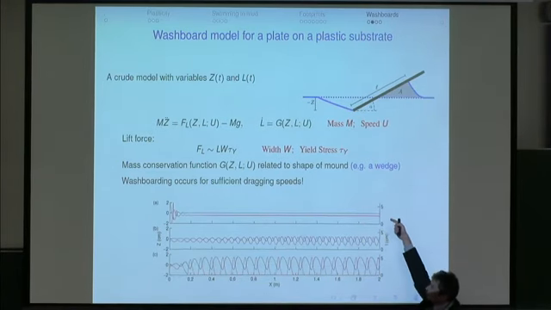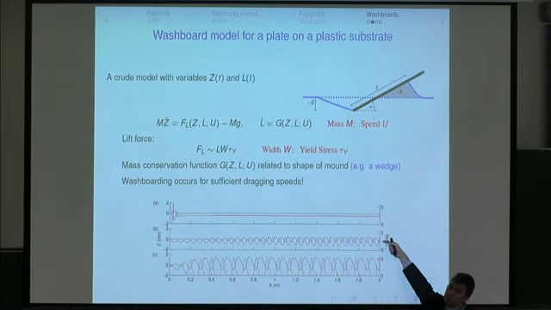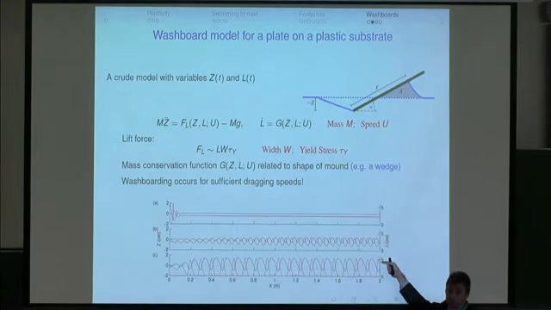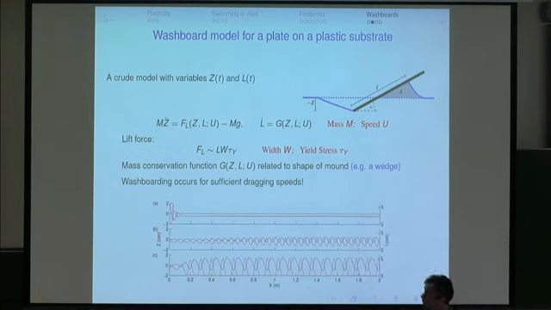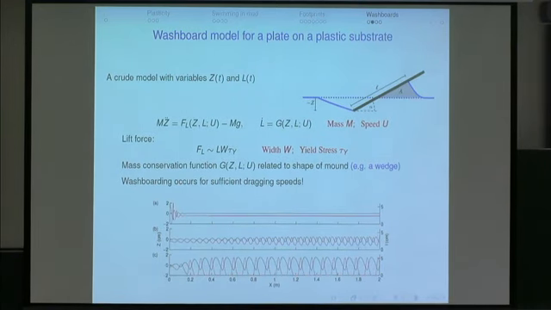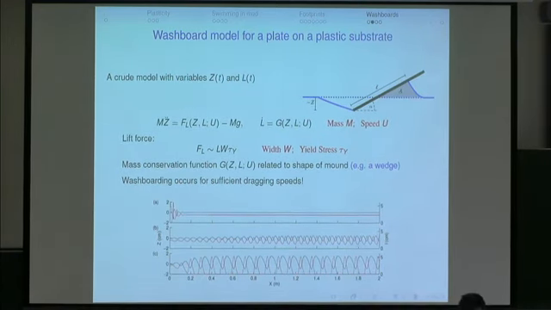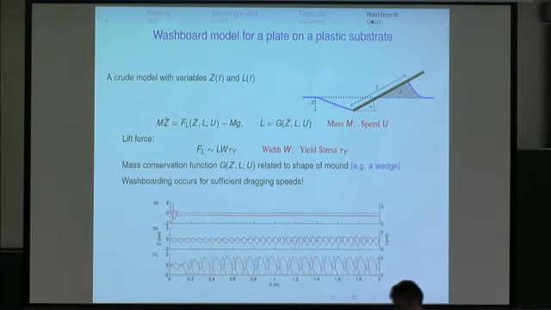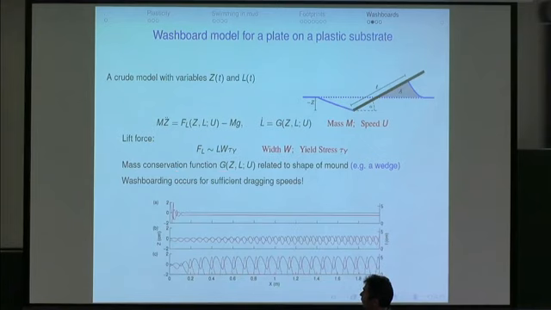What happens is you speed things up, at some point there is an instability, and the paddle starts to move up and down whilst remaining in contact, but then if you tow it fast enough, it will take off. Contact length goes to 0 at certain places. So that predicts that if you go sufficiently quickly, you'll get a washboarding instability, and it doesn't really matter what you put in for this, as long as there's some resistive force. It could be a viscous force, a plastic force, or a granular force. You should get a washboarding instability.